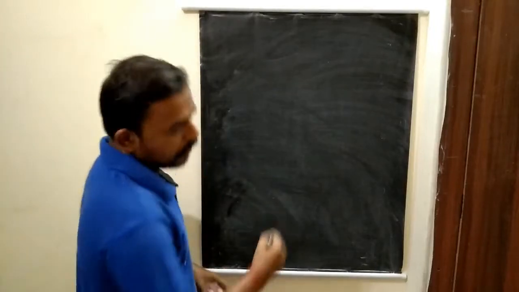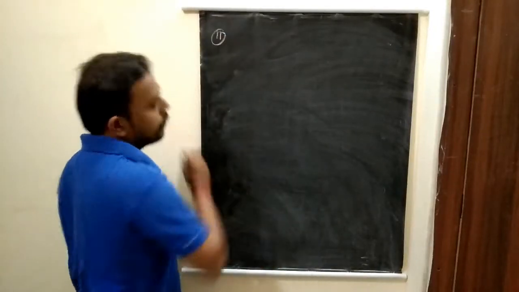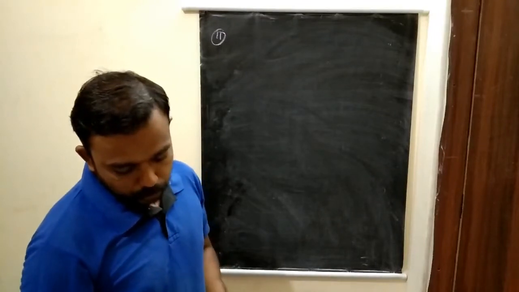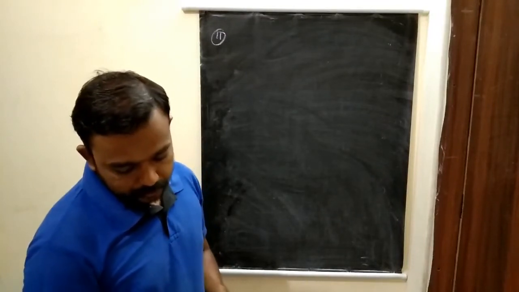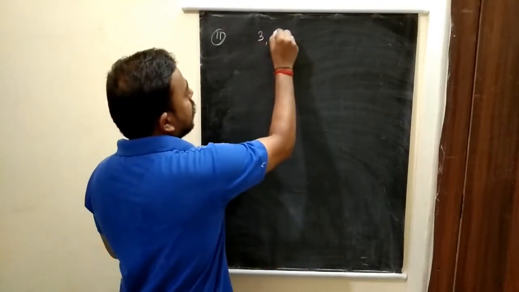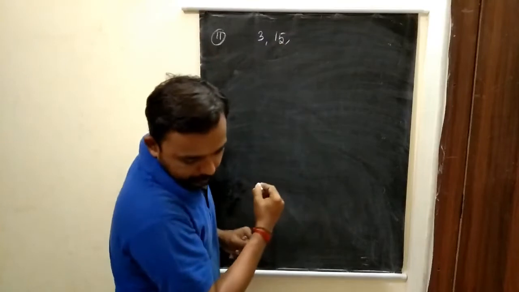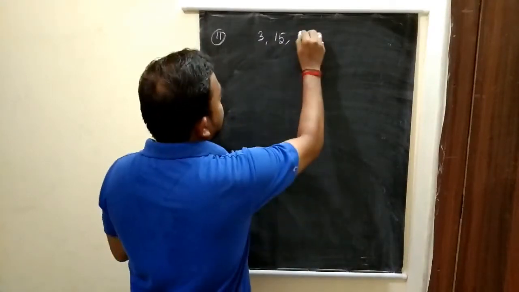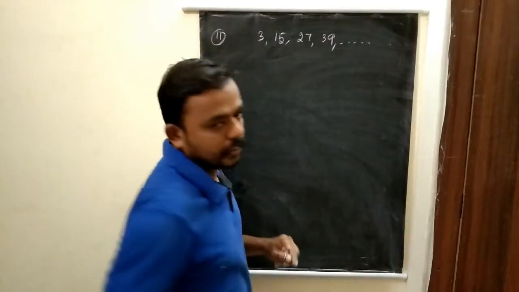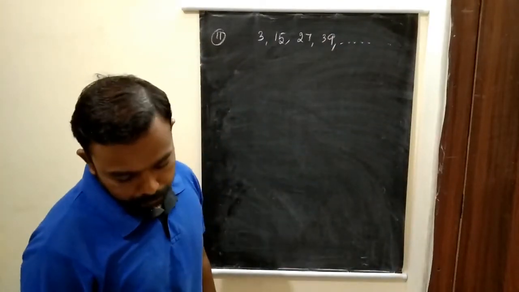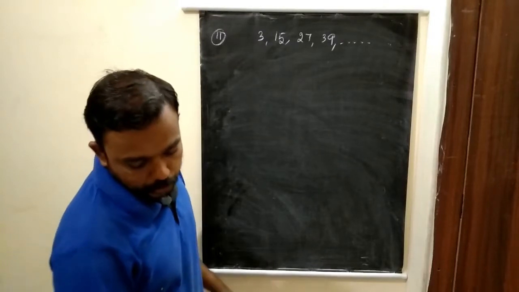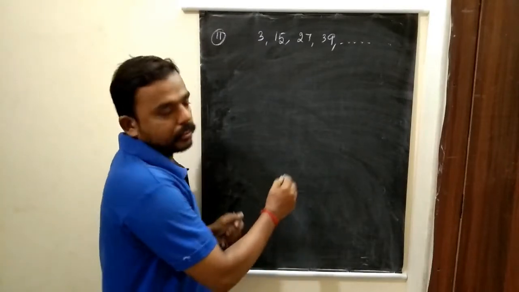Now come to the 11th problem. Which term of the AP will be 132 more than its 54th term? So actually the AP given is 3, 15, 27, 39. Which term of the AP will be 132 more than the 54th term?